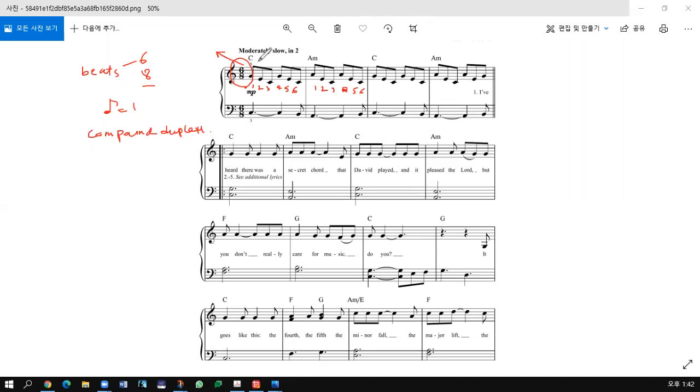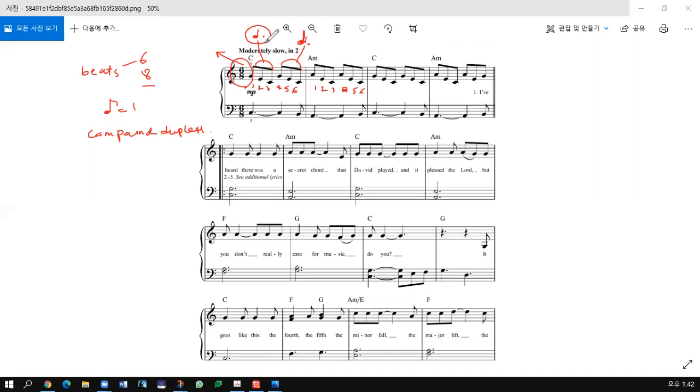And if you look at these, 3 eighth notes can be grouped into 1 dotted quarter note here, dotted quarter, right? So it can be grouped into 2.